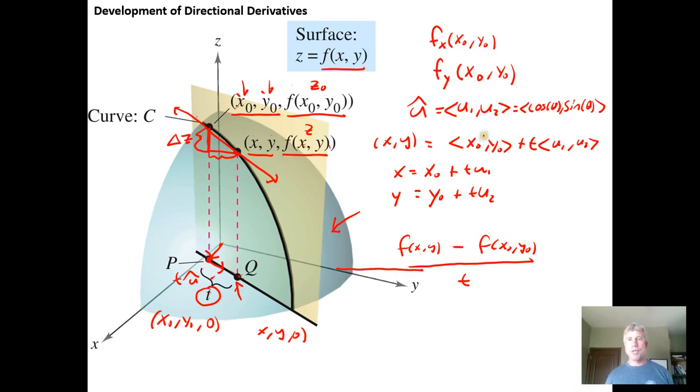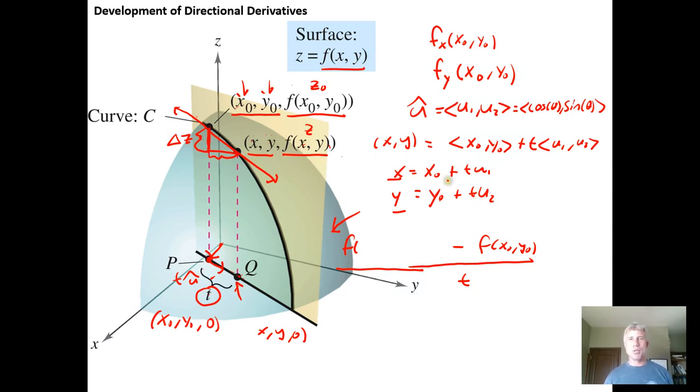But we parameterized x and y. So we can replace x and y with their parameterization. So it's f evaluated at x equals x naught plus t times u sub 1, and y equals y naught plus t times u sub 2. We plug those parameterized values into the function. So it's f of x naught plus t times u sub 1, comma, y naught plus t times u sub 2.